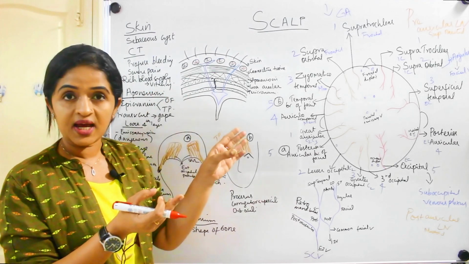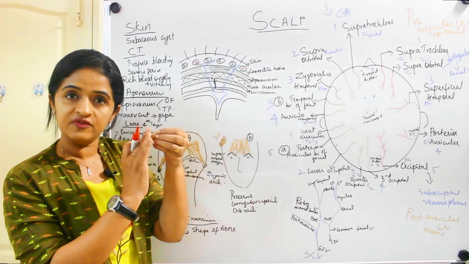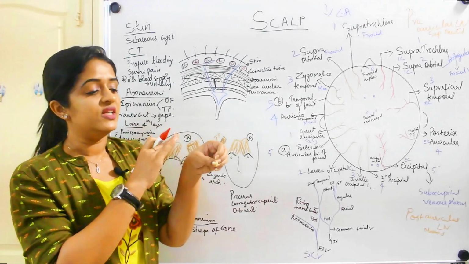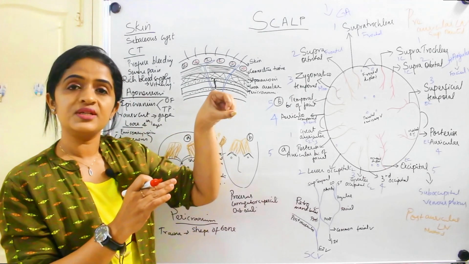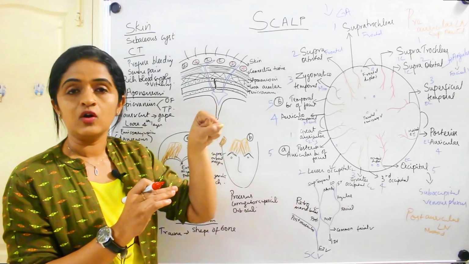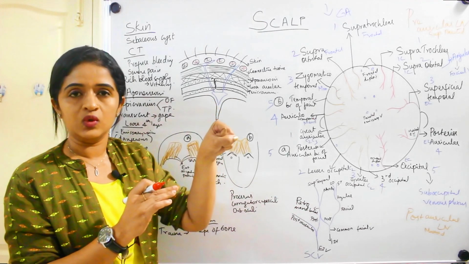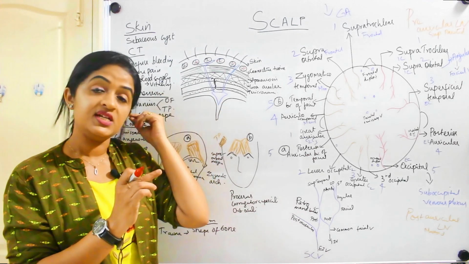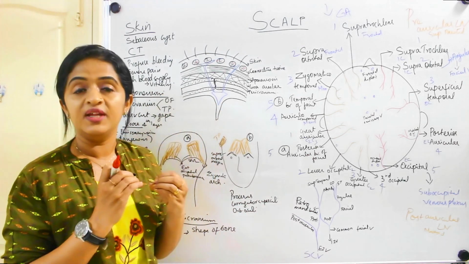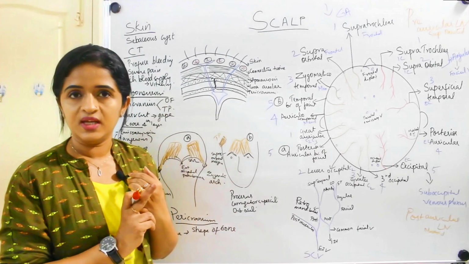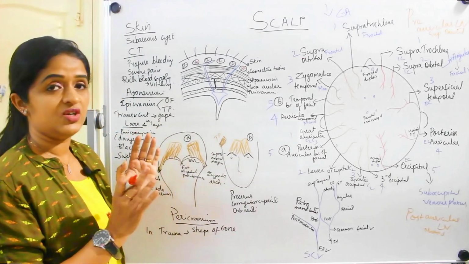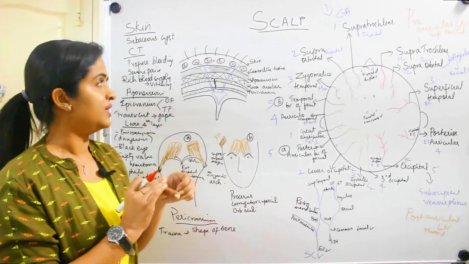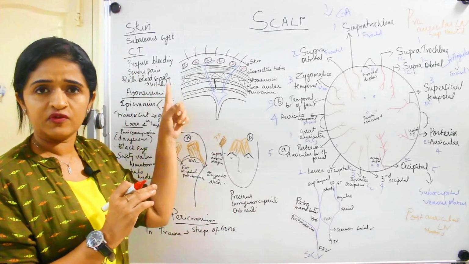But in the scalp, because of the connective tissue adhering to the walls of the blood vessel, when there is a cut the vessels are not able to shrink or contract on their own. So they remain open, and that is the reason why whenever you get a wound in the scalp, it will bleed profusely. That is a very important point to be noted. The reason is the connective tissue is adhered to the walls of the blood vessel. That is the reason for profuse bleeding.